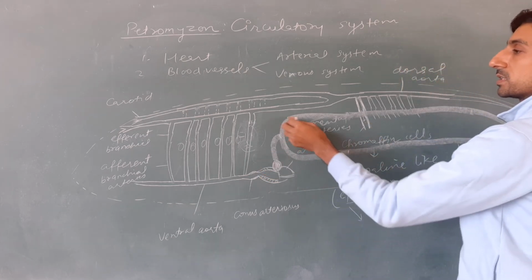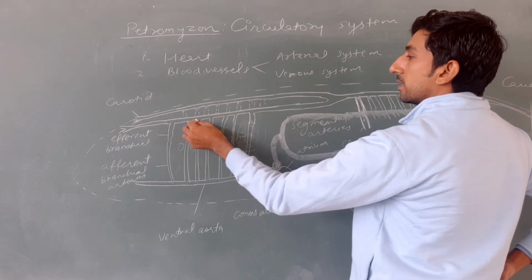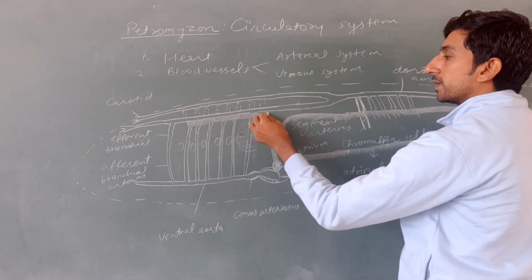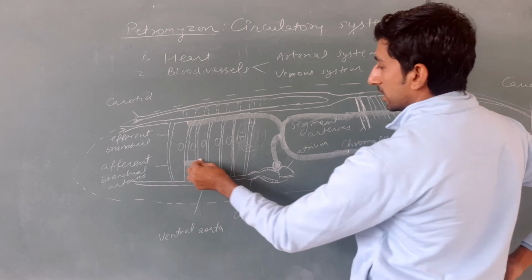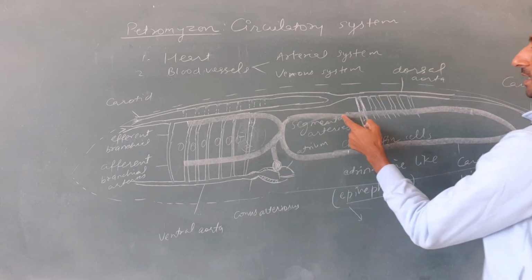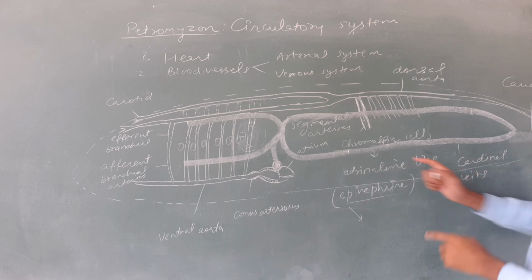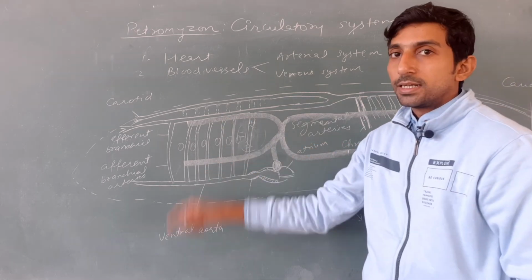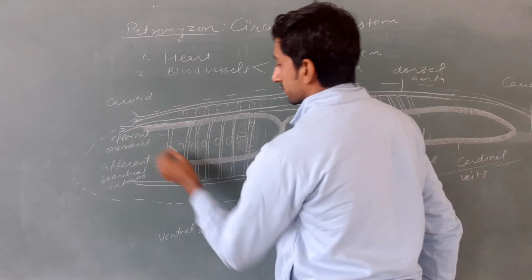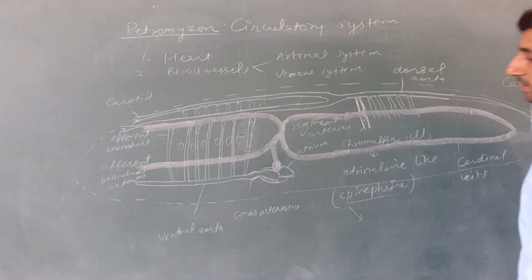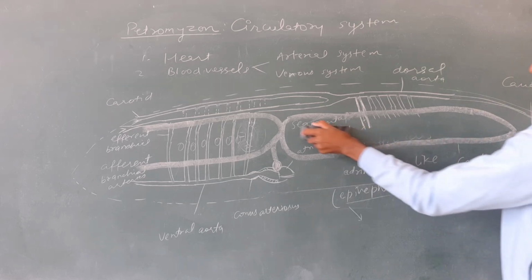And in the same fashion, anterior cardinal veins collect blood from anterior region and they also join the common cardinal. These are posterior cardinals, left and right posterior cardinals, and these are left and right anterior cardinals. In addition to this, there is present hepatic portal system.